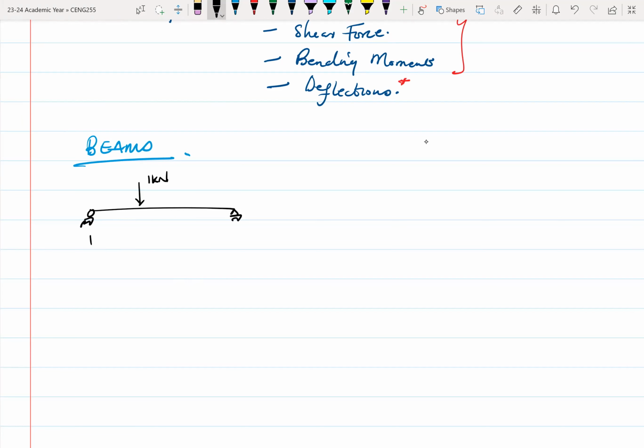This here is the entire length of the beam, but because the load is moving, we don't know at what points we have this load. And we want to find, for example, the ILD, the influence line diagram. So find the ILD for, let's say, a reaction at A. What this simply means is that as the load is moving from point A to point B, what will be the reaction at A?